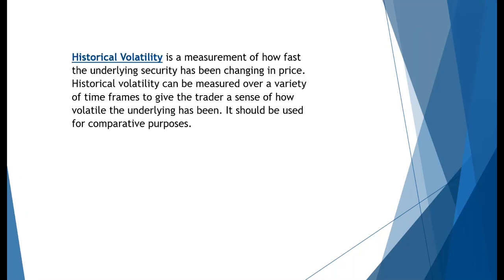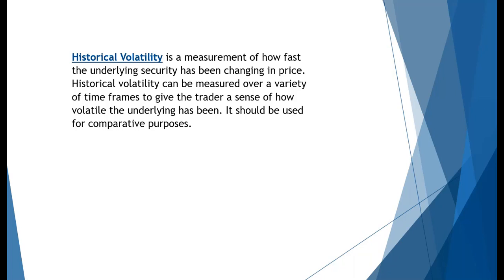We're going to talk about something called historical volatility. This is a measurement of the movement of a particular security over a set period of time. We can look at different data sets to give us a greater perspective.